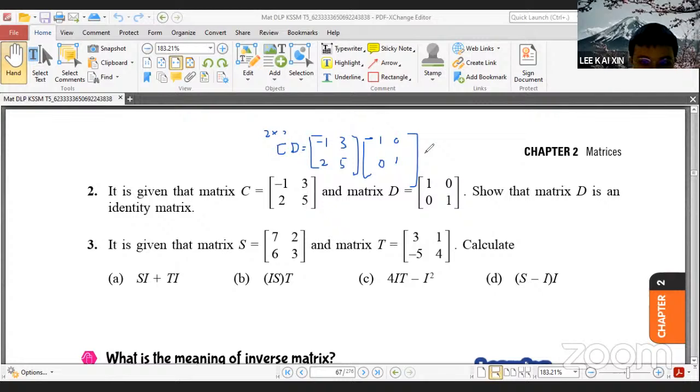Okay, if we do it, we will get the same as this, a 2 times 2 matrix. I will write the working for you.